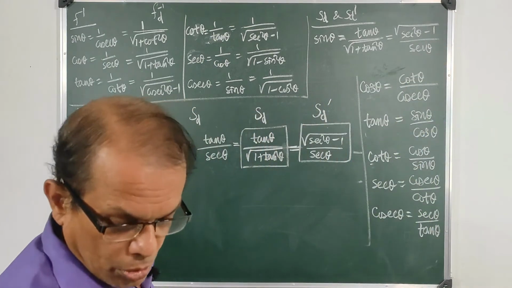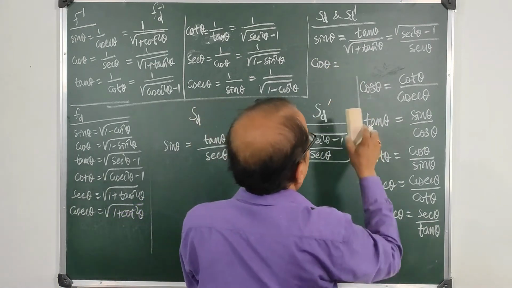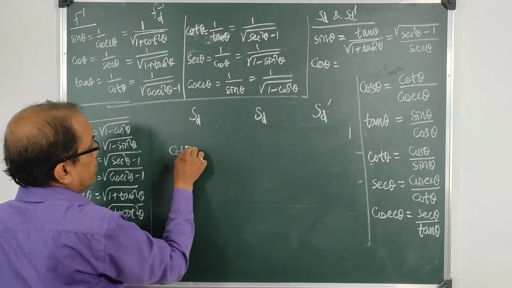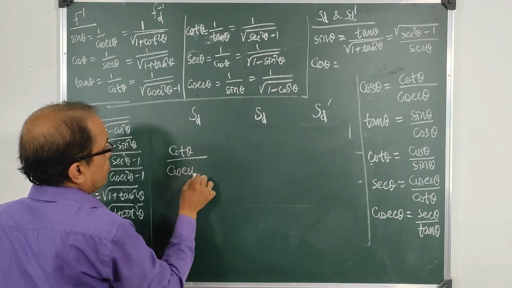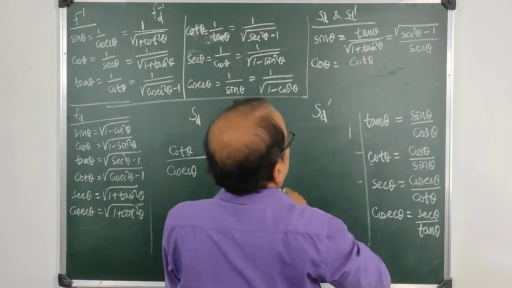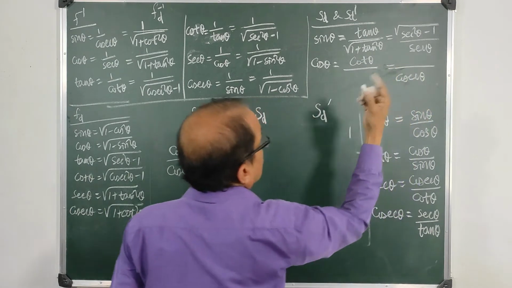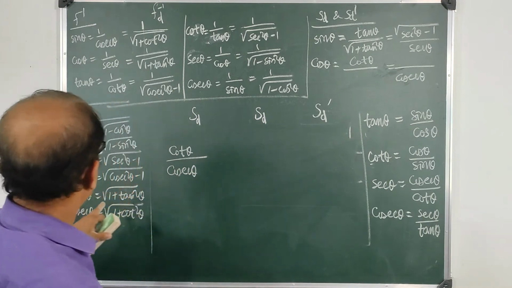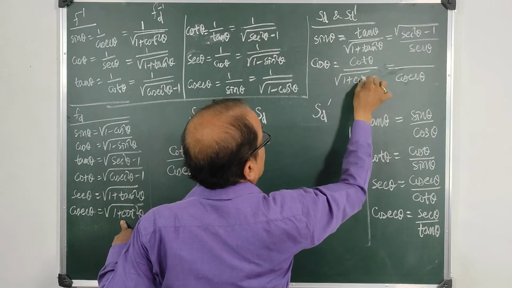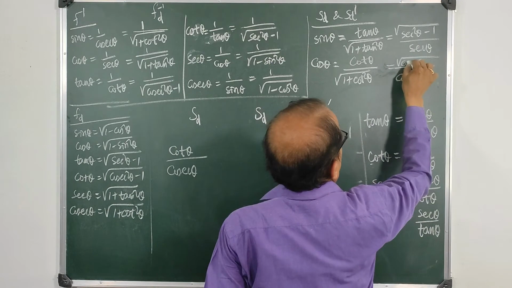And what about the cos theta factor? Cos theta is already cot theta by cosec theta, so we write here cot theta by cosec theta. So first we keep cot theta here and change the other factor, or we keep the cosec theta factor and change the cot theta factor. So if we change cosec theta, we have to write root over 1 plus cot square theta here, and if we change cot, then it would be root over cosec square theta minus 1 here.